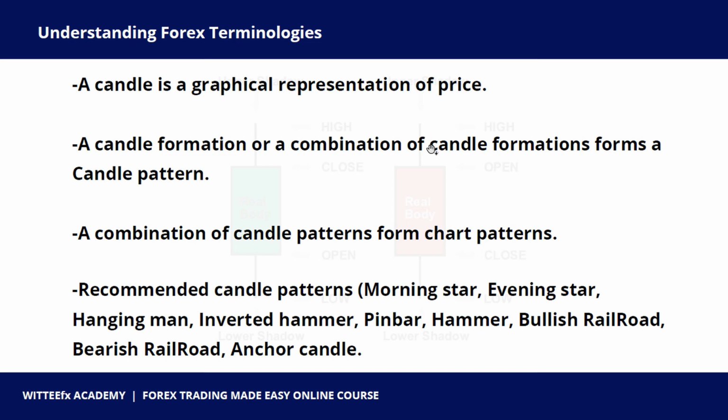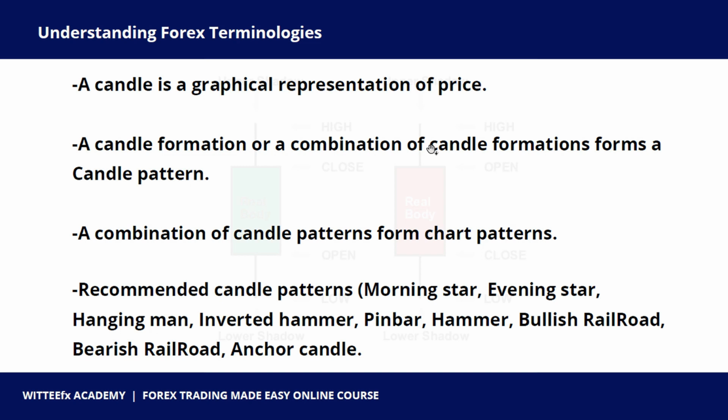So just like in the body of a human being, a combination of cells come together to form a tissue, a combination of tissues come together to form organs, and a combination of organs form systems. The same way we have it on the candlestick representation of price.